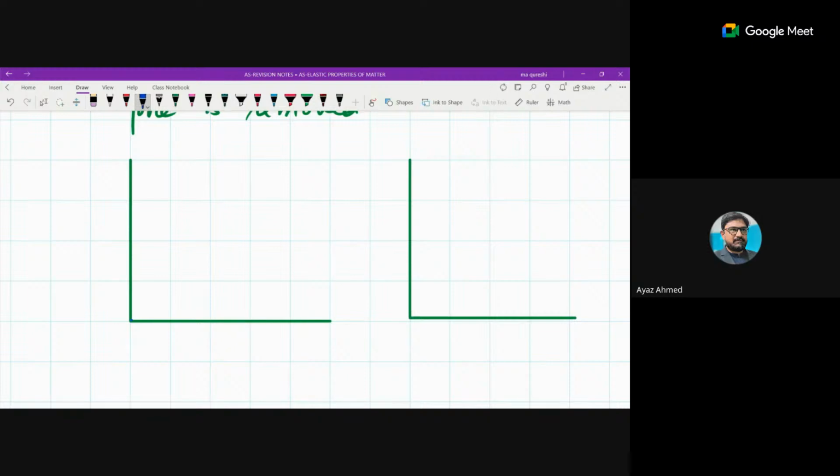The loading curve will be like this, its arrow upward. This is the loading curve, and this one is the unloading curve, ULC, its arrow downwards. Did you see they are not overlapping? This is your load, and this is your extension.